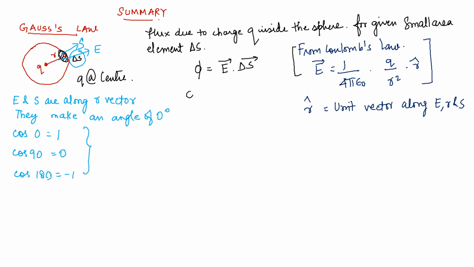Then this xi will become 1 upon 4 pi epsilon naught q upon r square, r dot del s.